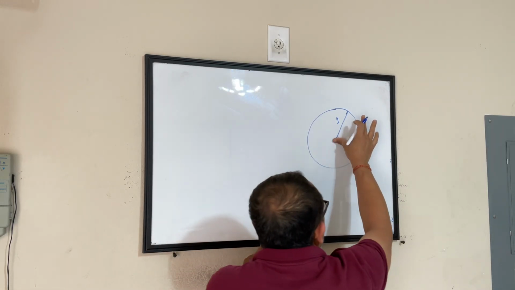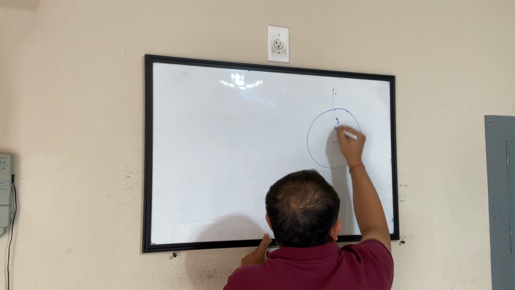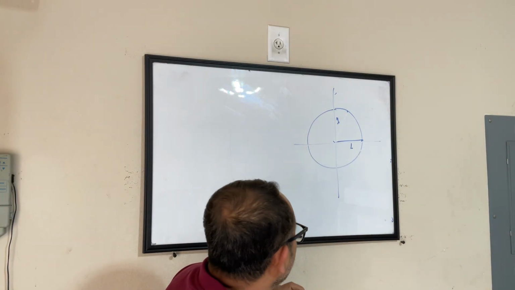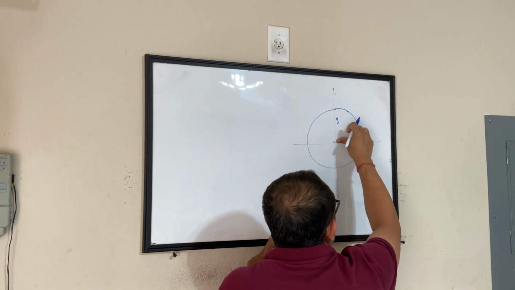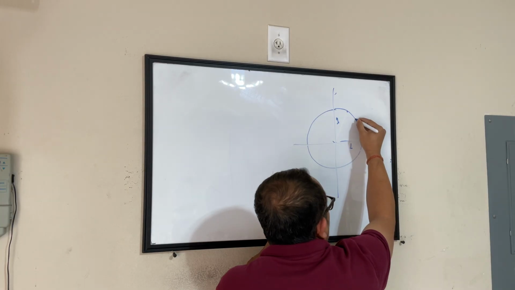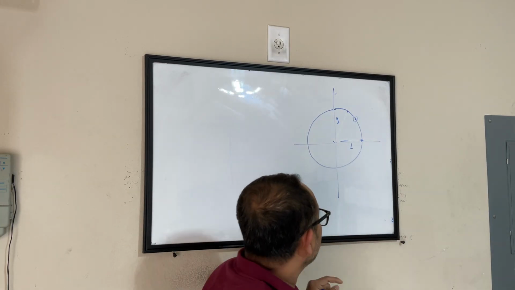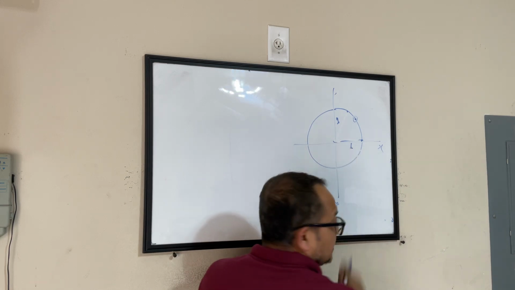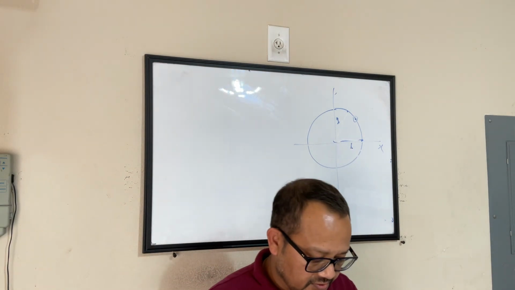So let's say this is my unit circle. Let's say this is my vertical axis, this is my horizontal axis. Now, if I pick up any point on the unit circle, let's say if I pick this point, this is y-axis, this is x-axis, and here to here it is 1. That's what this is showing us right now.